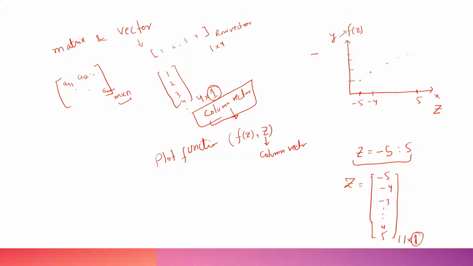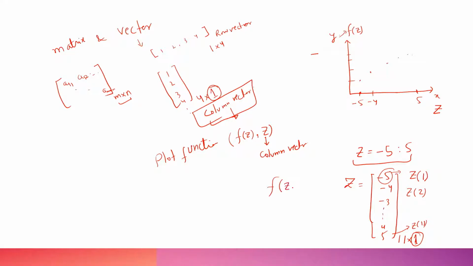So corresponding to each z value, we can write the first value of z, and the second value of z would be 4, minus 4, and so on. So the last value would be z of 11. Okay, so corresponding to each z value there would be f of z value.